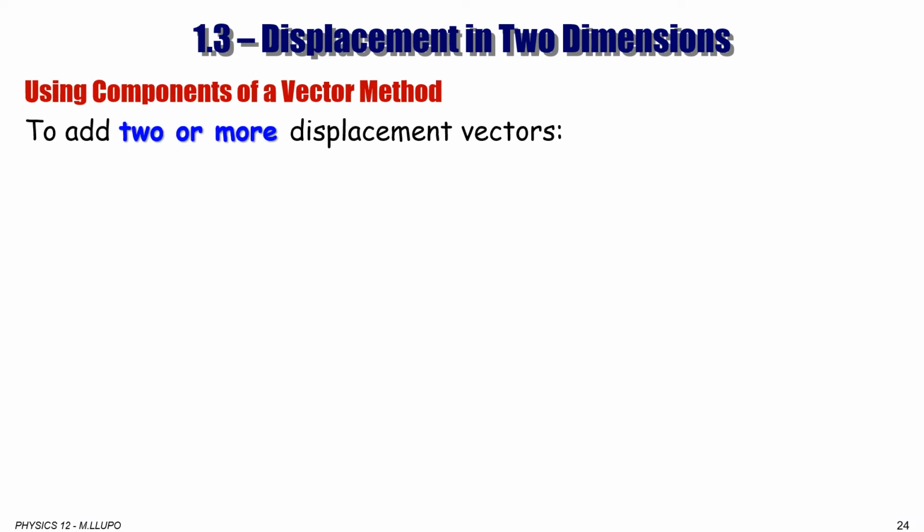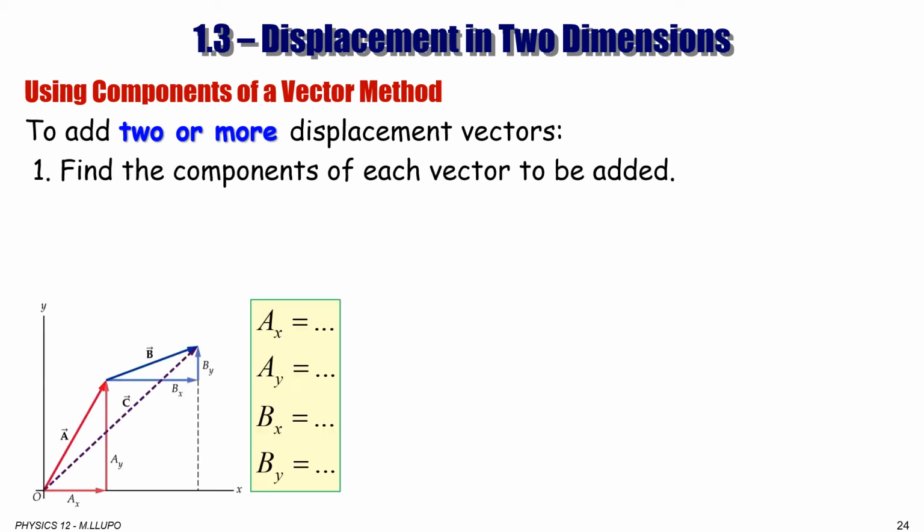What we learned so far is an introduction to what we want to do. We want to add two or more displacement vectors together to find the total displacement. For example, if you want to find the displacement of vector A and vector B, we resolve each vector into its own x and y components. We have ax and ay and bx and by.